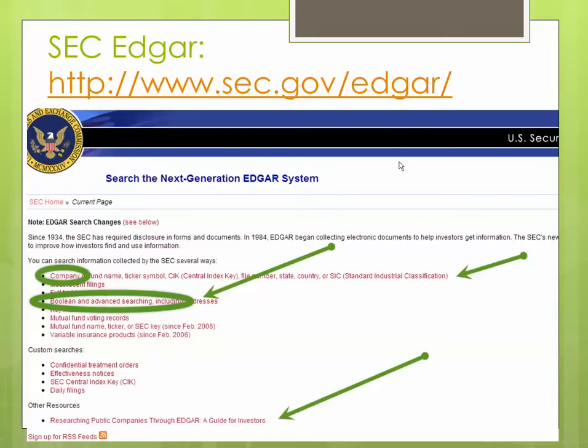And you can go by company name or ticker symbol, and you can use an advanced search, which can be helpful. There's also this nice guide, Researching Public Companies through Edgar. So if you wanted to learn a little bit more about what Edgar is and the types of information you're going to find here, this is a good guide right here at the SEC website.